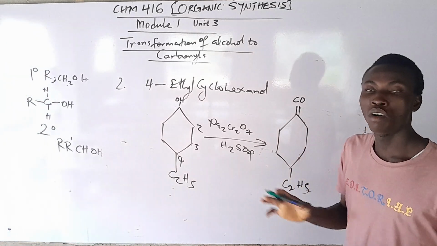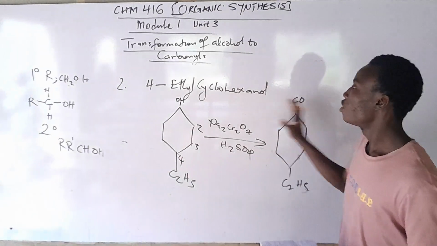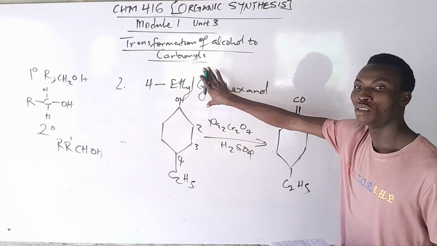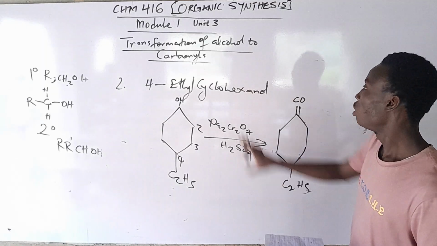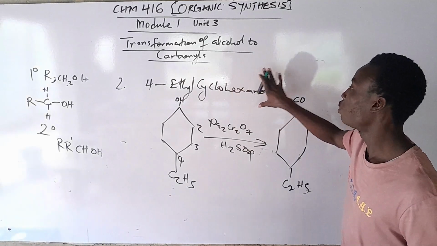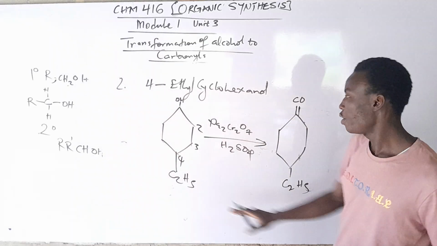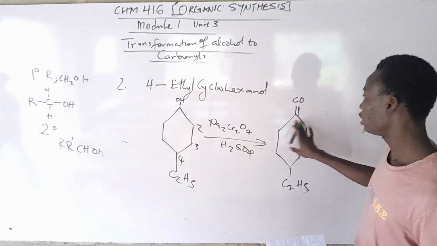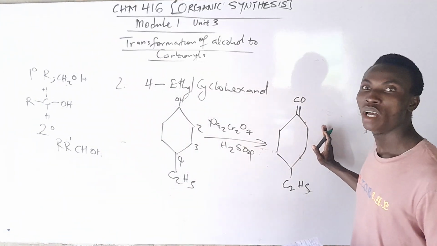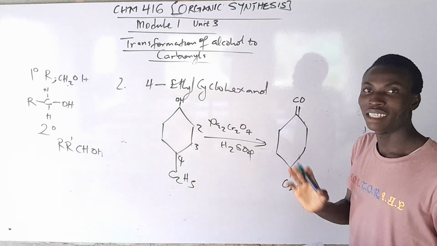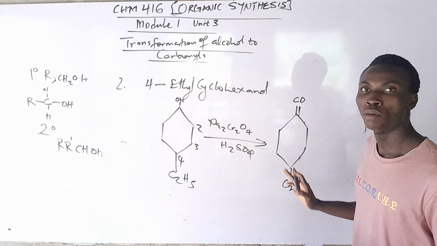This is the exact compound that will be produced. This is the product we are converting to. So the 4-ethyl cyclohexanol is the one that we have here, while the one that we have in this place is 4-ethyl cyclohexanone.